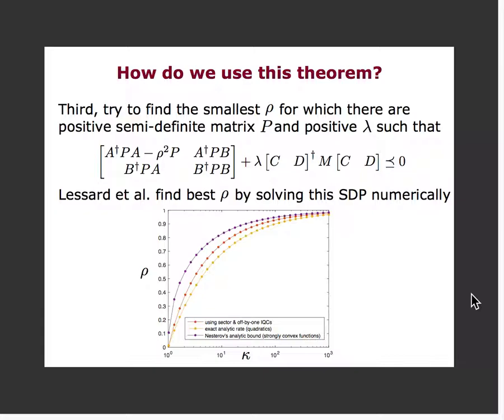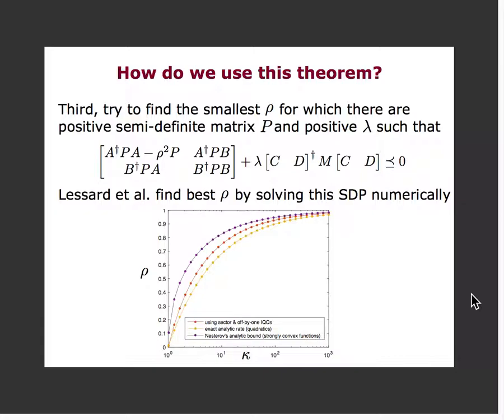If I make these choices, then this matrix here is linear in P and lambda. So this can be solved by standard convex optimization methods. We can numerically solve it, and check whether it is feasible or not. If it is feasible, then we know that for this choice of alpha, beta, L, and M, we have at least a convergence rate of 0.5.